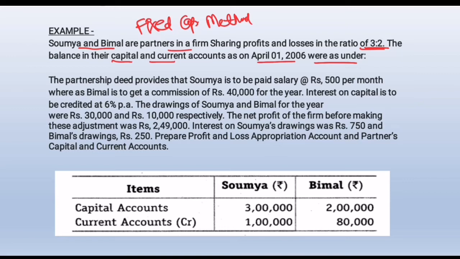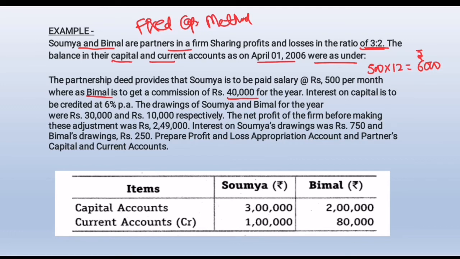The partnership deed provides that Soumya is to be paid a salary of rupees 500 per month. So Soumya's salary will be 500 into 12. Because it is 500 per month, Soumya's total salary will be rupees 6,000. Whereas Bimal is to get a commission of rupees 40,000 for the year.